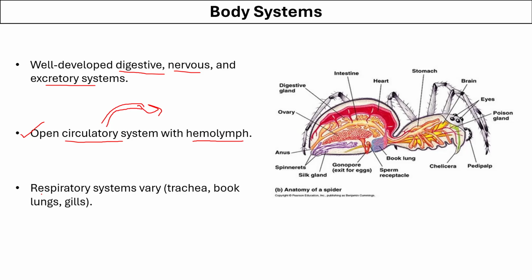So you must have seen sometimes when you kill a cockroach or a spider, some whitish material comes out of their body. That is the hemolymph. They have a respiratory system which can be mediated by the presence of trachea or book lungs or gills, depending on where they live. They use different kinds of organs for the purpose of respiration.